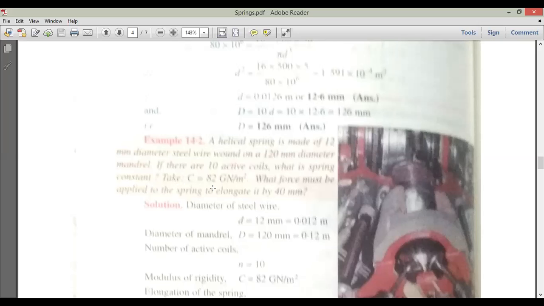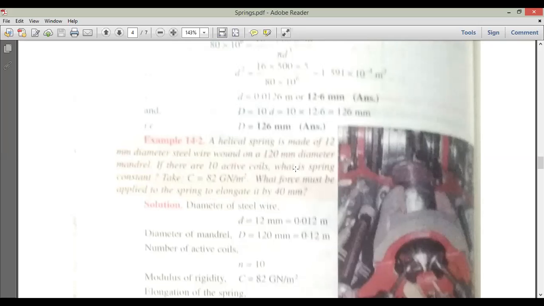Take C equals 82 giganewton per meter square. What force must be applied to the spring to elongate by 40 mm? We are given that wire diameter is 12 millimeter steel wire, and the mandrel around which the helical spring is wound is 120 mm.